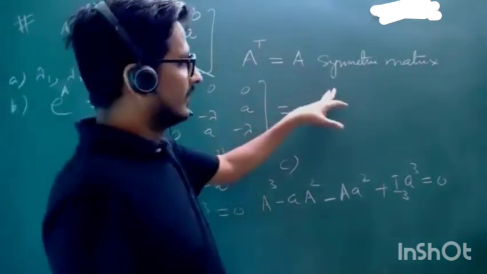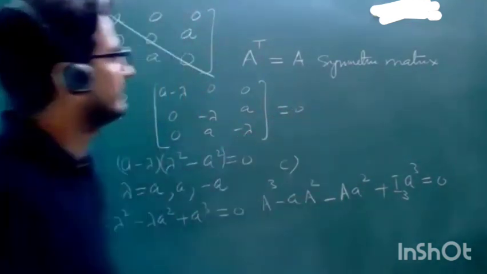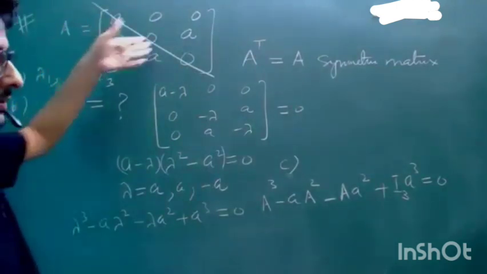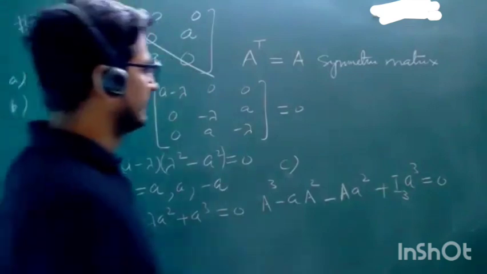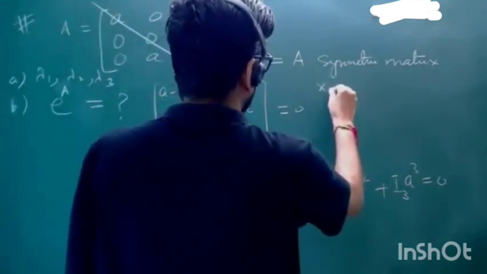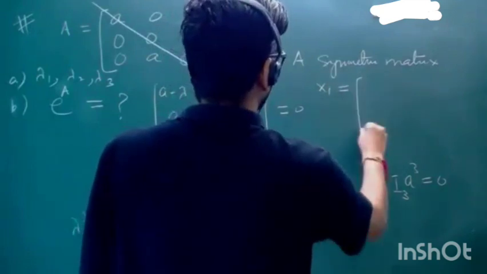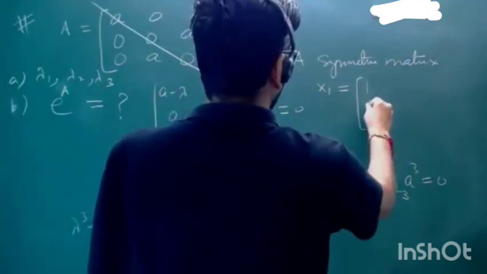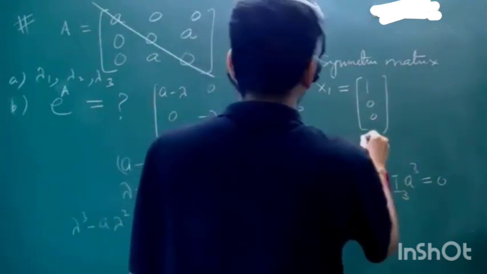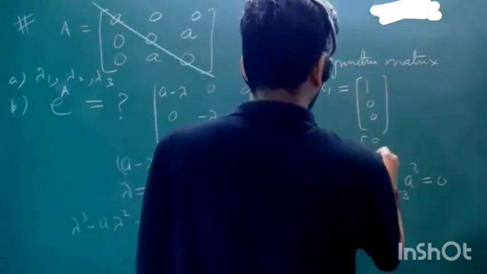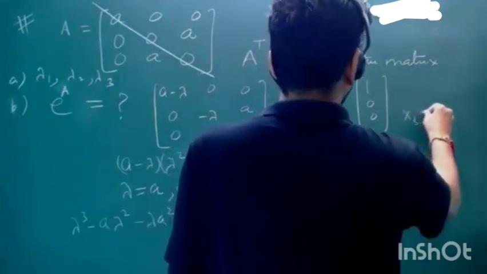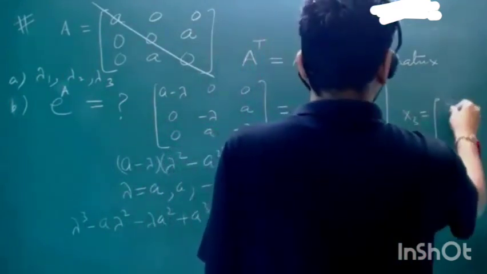So, for the symmetric matrix, I was saying that if I calculate the eigenvectors, from this matrix I can write x1 is equal to 1 0 0, x2 is equal to 0 0 1, and x3 is equal to 0 1 0.